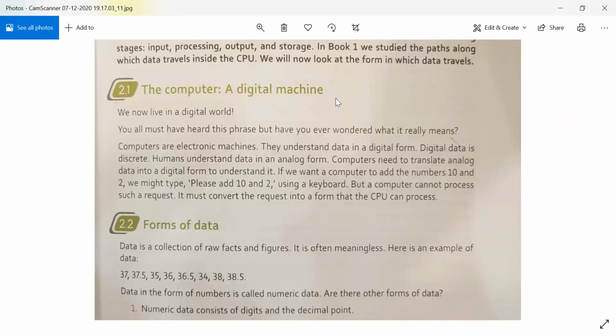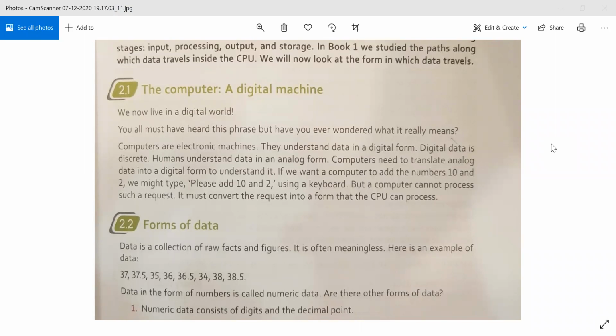The computer, a digital machine. We now live in a digital world. You all must have heard this phrase, but have you ever wondered what it really means? Computers are electronic machines.